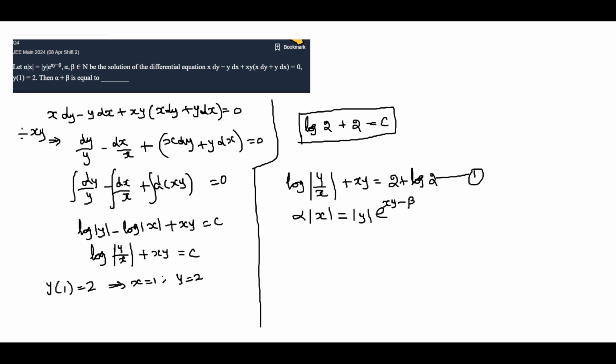So take this log mod y minus log 2 equal to log mod x minus xy plus 2.